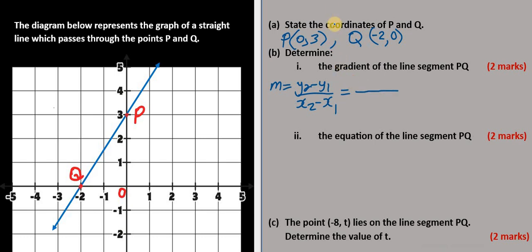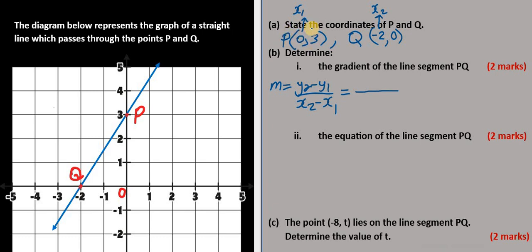So let's label these. The first coordinate is the x and the second coordinate is the y coordinate for both points. All right. So let's call this coordinate here x1. And let's call this coordinate here x2, because those are the x coordinates.